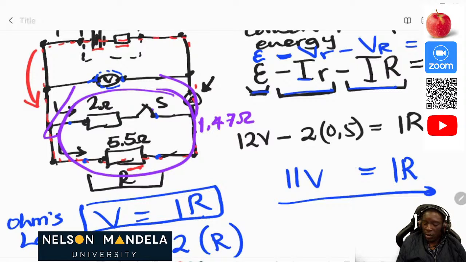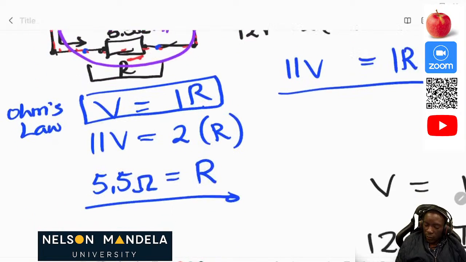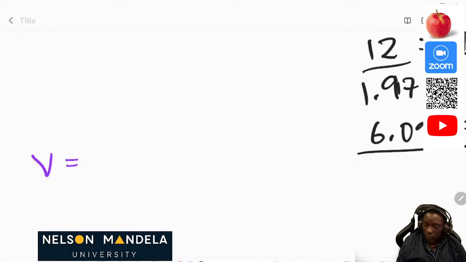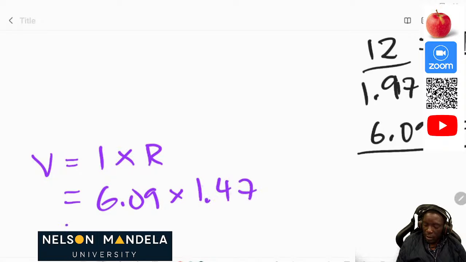So this is now like a single resistor. We called it what? R parallel, 1.47 ohms. So that voltage there is therefore I times R, which is 6.09 times 1.47. That gives us a voltage of 8.95.